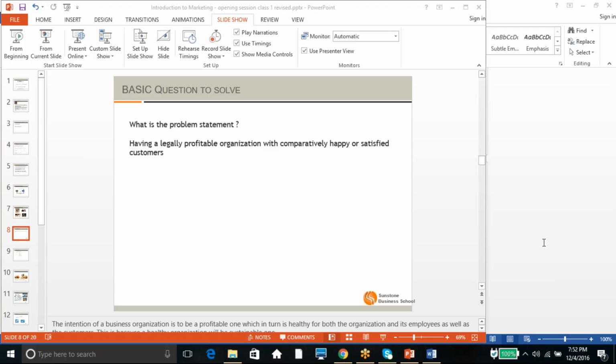So marketing is not applied to assassinations, kidnapping, robbery. That may be a completely different education which is run somewhere else. And we assume that we are talking of legal organizations when we study this.